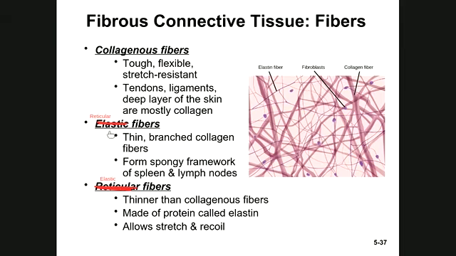And finally, we have elastic fibers. The elastic fibers are thinner than collagen fibers. They are branched, they appear in wavy shape. Elastic fibers can do stretching and recoiling easily. The fresh elastic fibers have a yellowish color, so we call them yellow fibers.